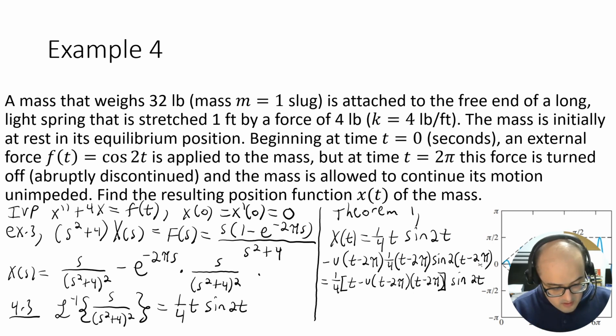So for this position function x of t, we could separate this into cases. This is going to be 1/4 times t times the sine of 2t, where t is less than 2 pi.